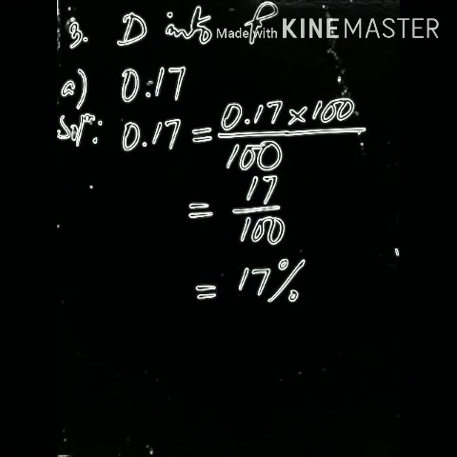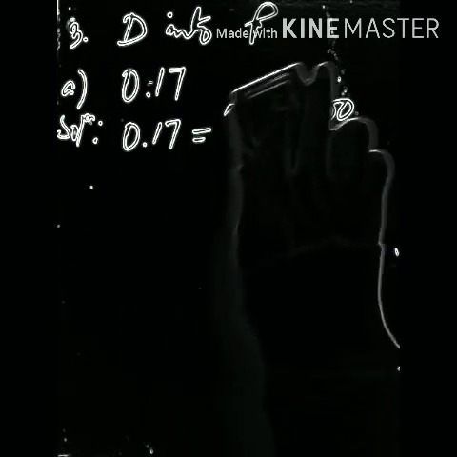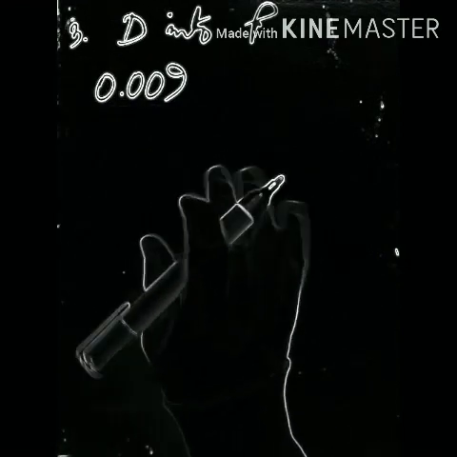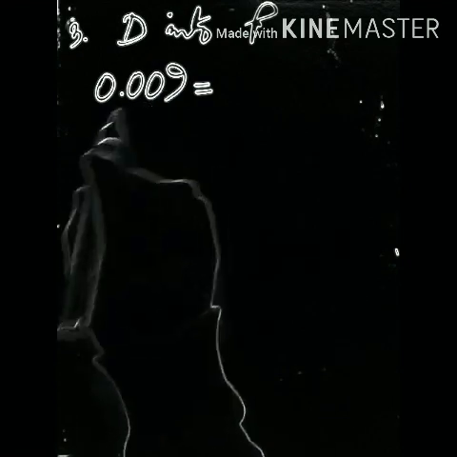Next, I'm going to pick one more question. Let me read. Question C, 0.009. We are going to convert this decimal into percentage. So I'll start the solution directly now. 0.009.